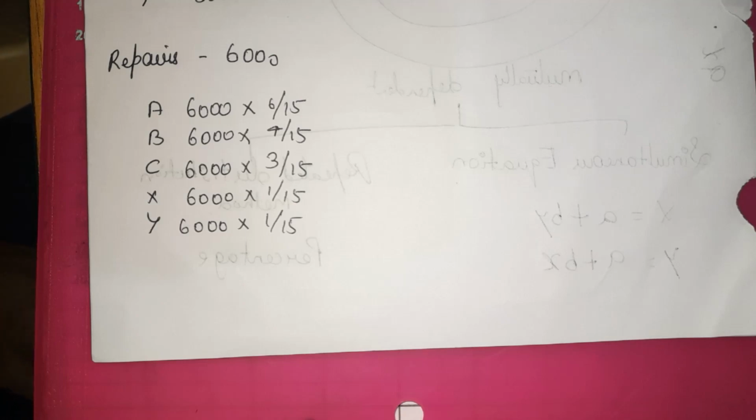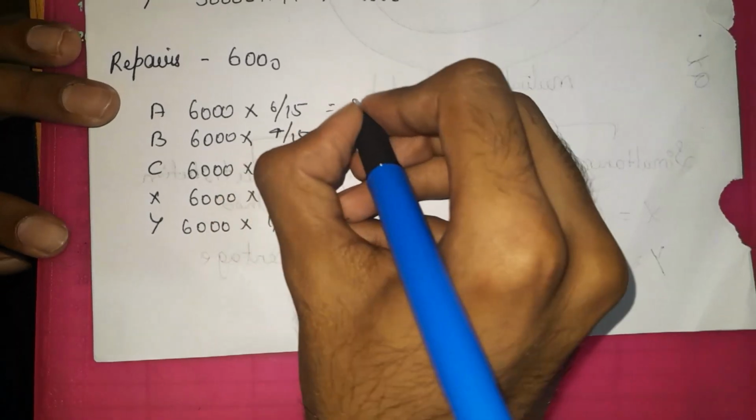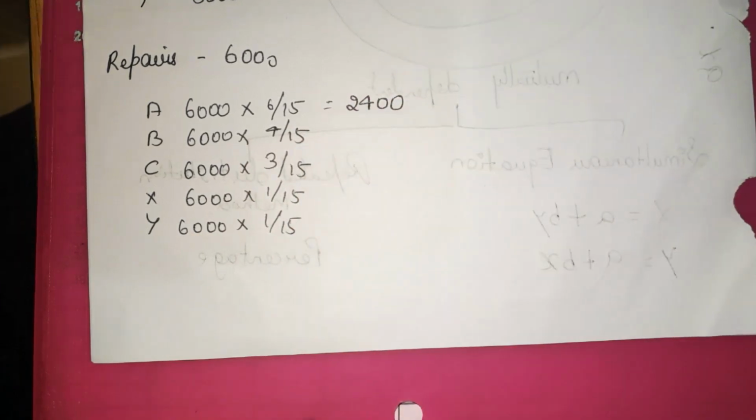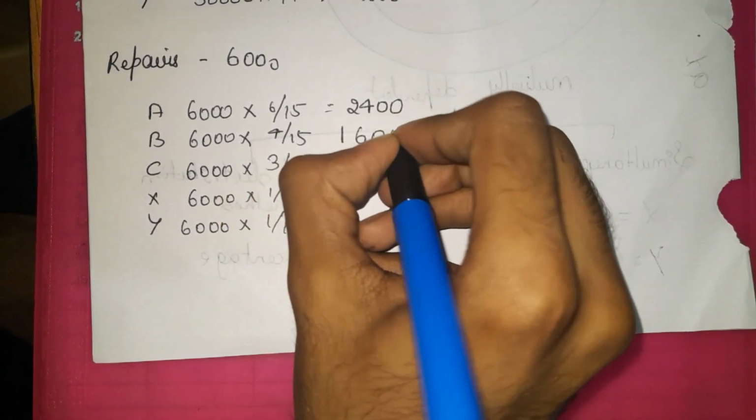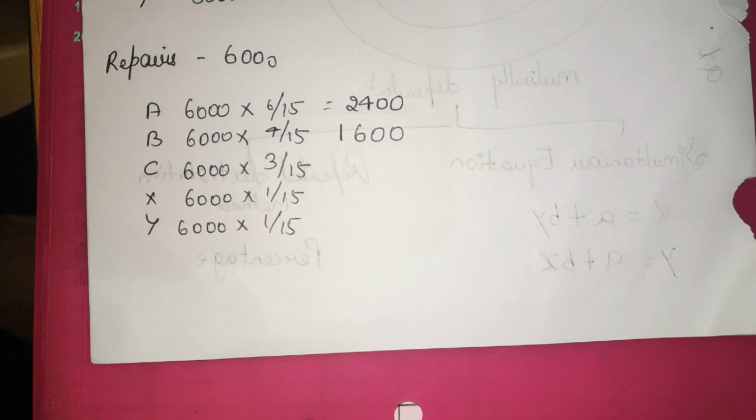So 6,000 into 6 divided by 15 is 2,400 for A department. Next, B department, 6,000 into 4 divided by 15 is 1,600.